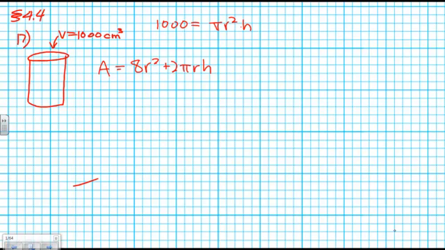Okay. If we solve for H, h equals 1,000 over pi r squared. If we solve for R, we end up with the square root of 1,000 over pi h.